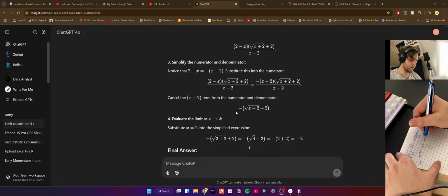Right, so everything stays in the brackets. Right, square root of 4 is 2.